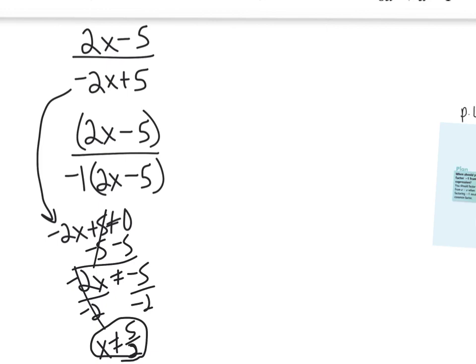And once we have our excluded values, now we can cancel these out. We've talked about before, when you cancel, there's nothing left. You can put a 1 there in the numerator since there's nothing else there otherwise. And then 1 divided by negative 1 would be negative 1. So negative 1 is our answer as long as x is not equal to 5/2.